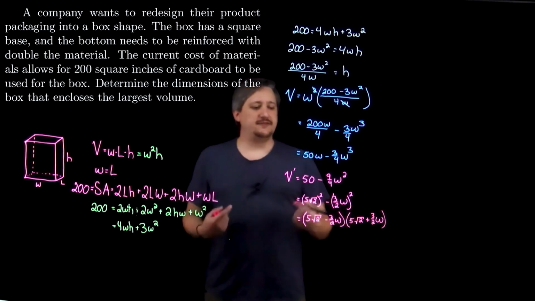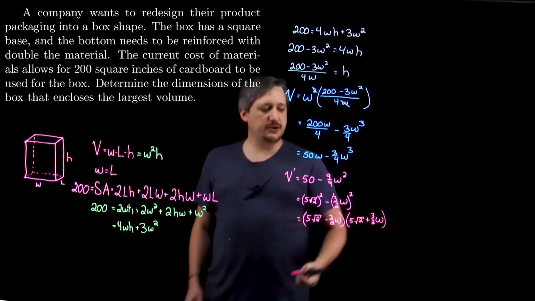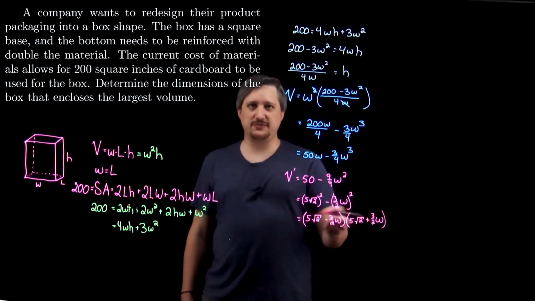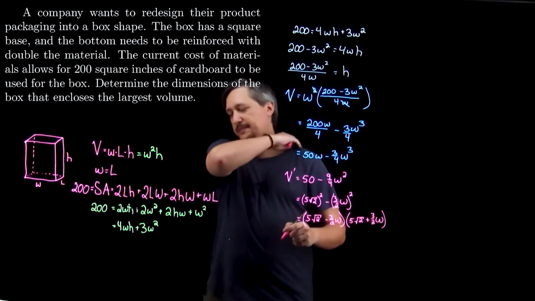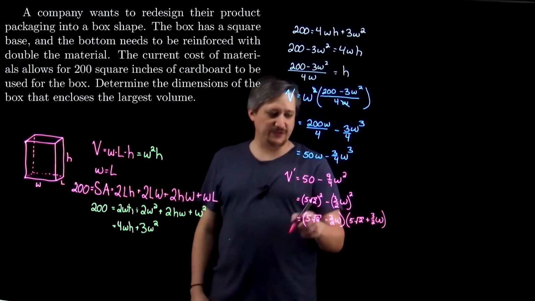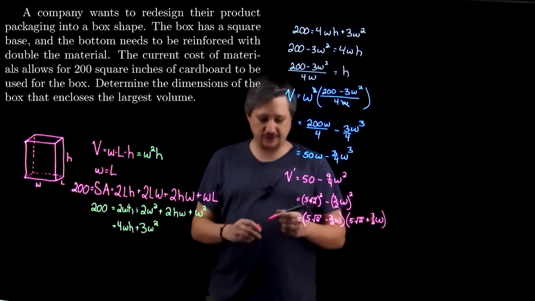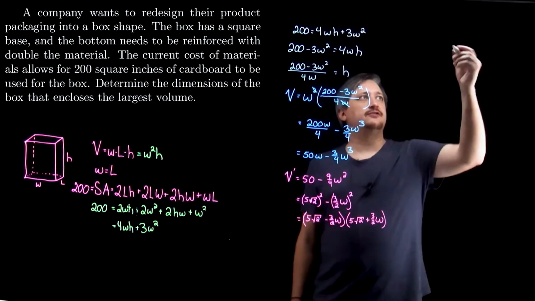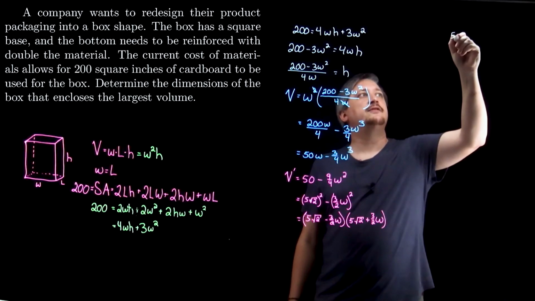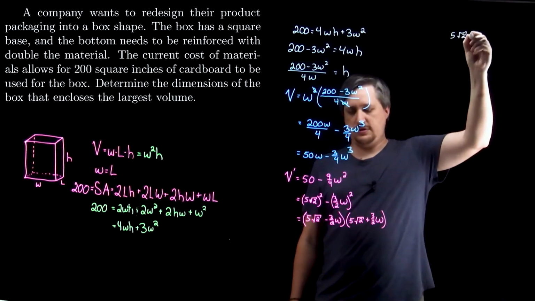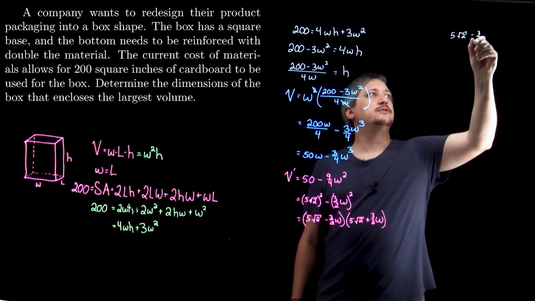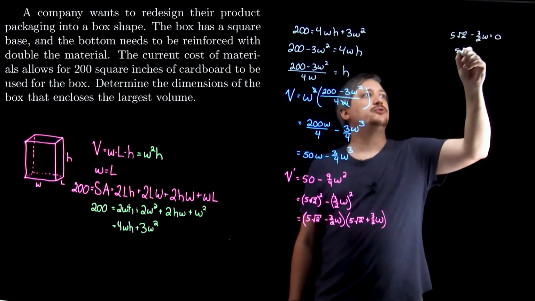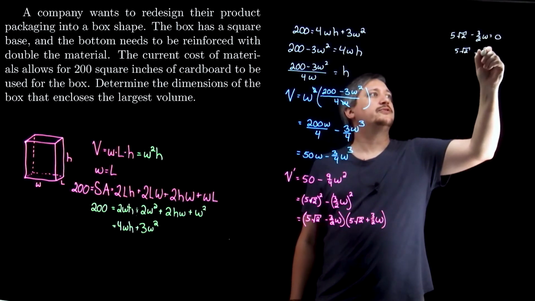So this means that I have zeros where either of these are 0. They're going to be 0 in the same spot, but with different signs. But regardless, I can set these equal to 0 and solve, which maybe I will do off to the side just because they're super weird numbers. So I would have something like 5 root 2 minus 3 halves w equals 0. So then I'd have 5 root 2 equals 3 halves w.